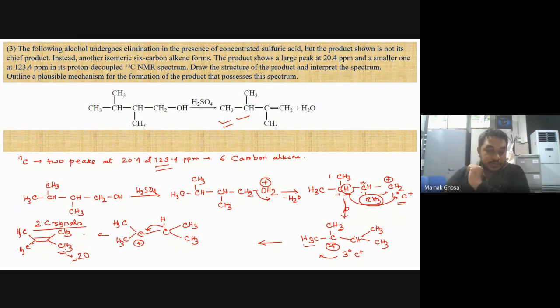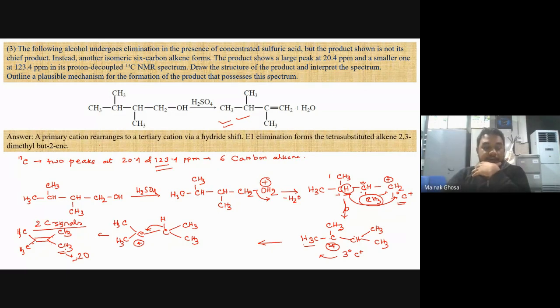So this signifies that this is the product. Then this is the answer: a primary carbocation which rearranges to a tertiary cation by a hydride shift, and then E1 elimination to form this tetrasubstituted alkene, which is named 2,3-dimethyl butene. So this is the compound that we are talking about.